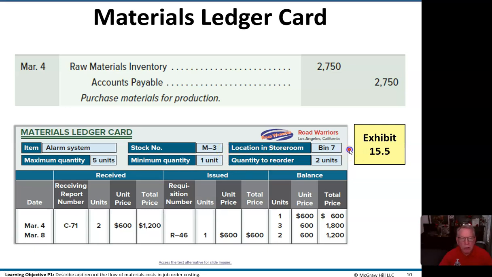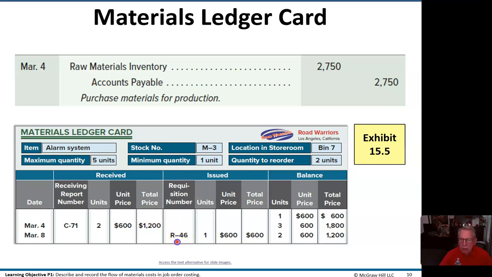It's in bin 7 in the storeroom, and once we get down to 2 units, that's the time we want to reorder, and we can reorder it with a minimum quantity of 1 unit. So here, what we received on receiving report C-71, we got 2 units, $600 each, $1,200 total.